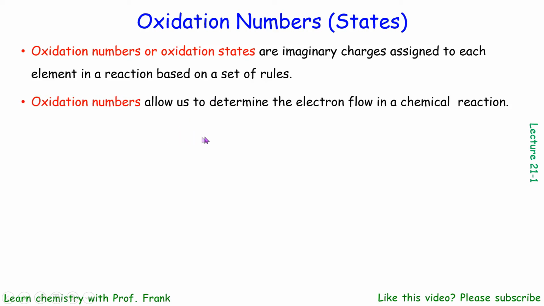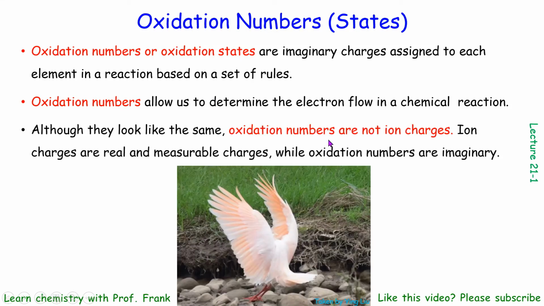So oxidation numbers will allow us to determine the electron flow in a given chemical reaction. Although they look the same, oxidation numbers are not ion charges. Ion charges are actually real and measurable charges, while oxidation numbers or oxidation states are just imaginary.